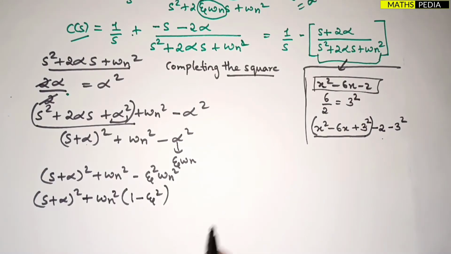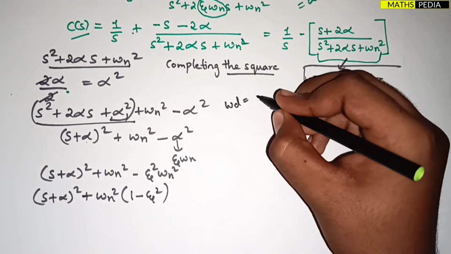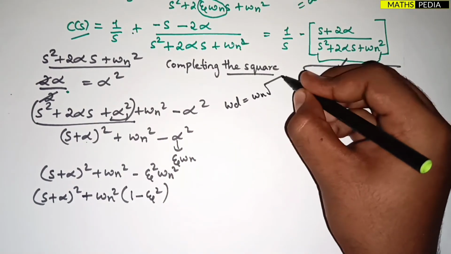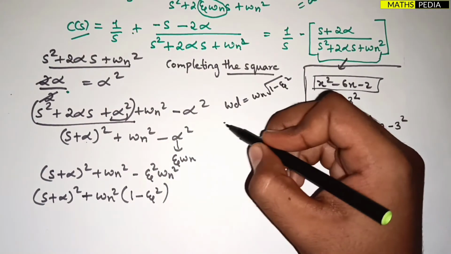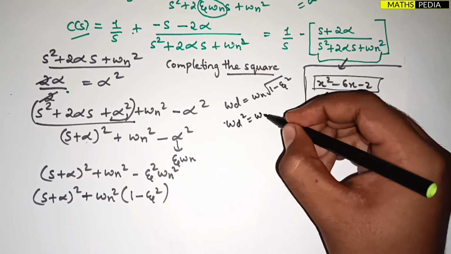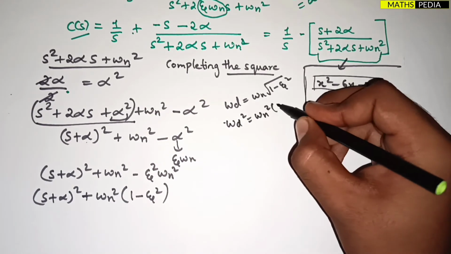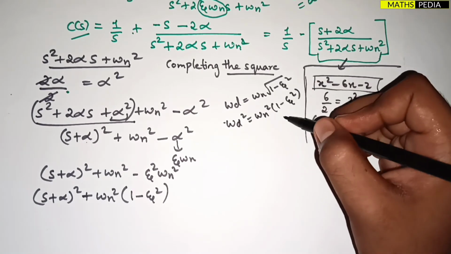Now the next step is that, as we know, omega d is equal to omega n into the square root of 1 minus zeta square. So if I want to find omega d square, it is nothing but omega n square into 1 minus zeta square. The square root will get cancelled.